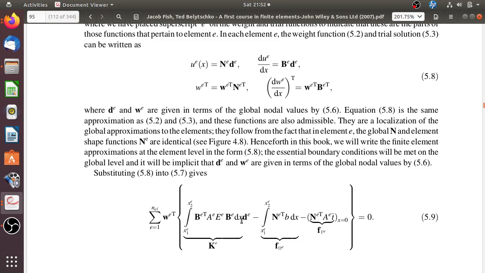The remaining thing along with the integration I am going to call Ke, and similarly this whole thing I am going to call F omega e, and this one I am going to call F gamma e. So all these things are valid for that particular element, and we have to do the same for all the elements in order to make this summation.